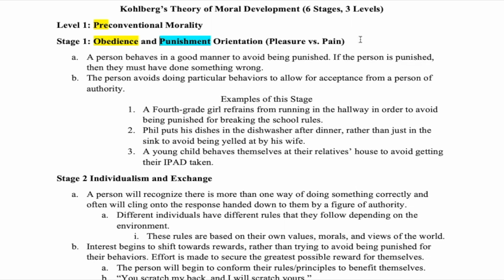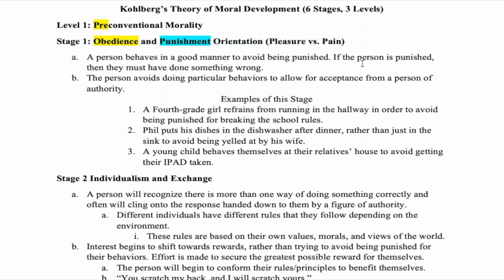And this one is going to be relatively similar to another stage that we're going to talk about in a little bit. When we get to that one, I'll draw the parallel. But just know that it is when a person behaves in a good manner to avoid being punished by somebody that they know and admire. So if the person is punished, then they must have done something wrong based on the person they want acceptance from.